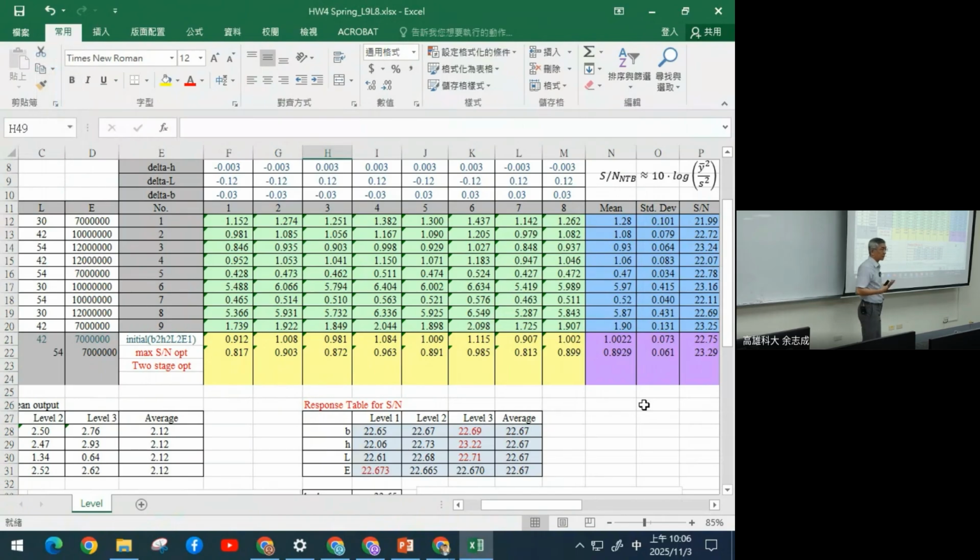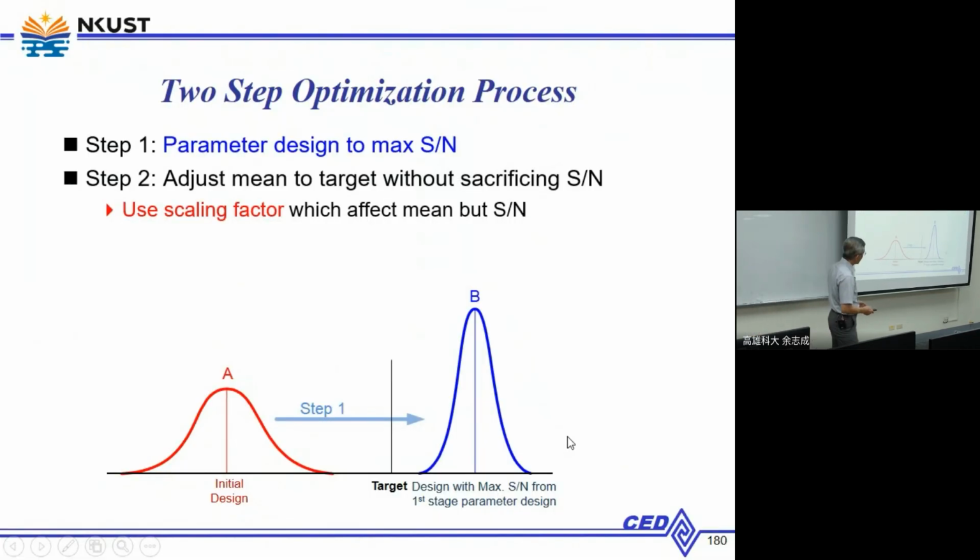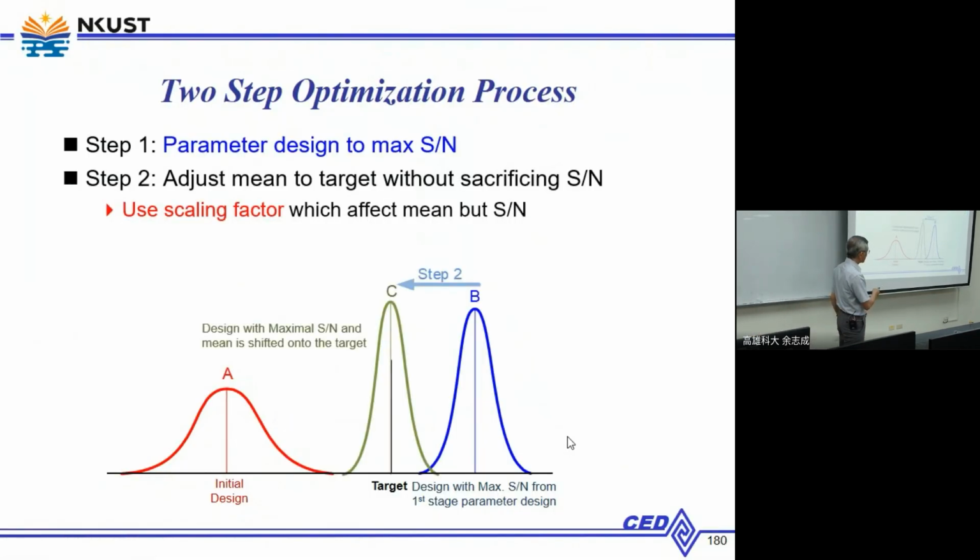So if you are a designer or a user, you would be unhappy to buy, for instance, a cantilever beam, asking for K equal to 1, but getting K equal to 0.89. So in the second stage optimization, we want to move our average to target. This is the target. During the moving, we want to make sure that our maximum SN will remain the same.